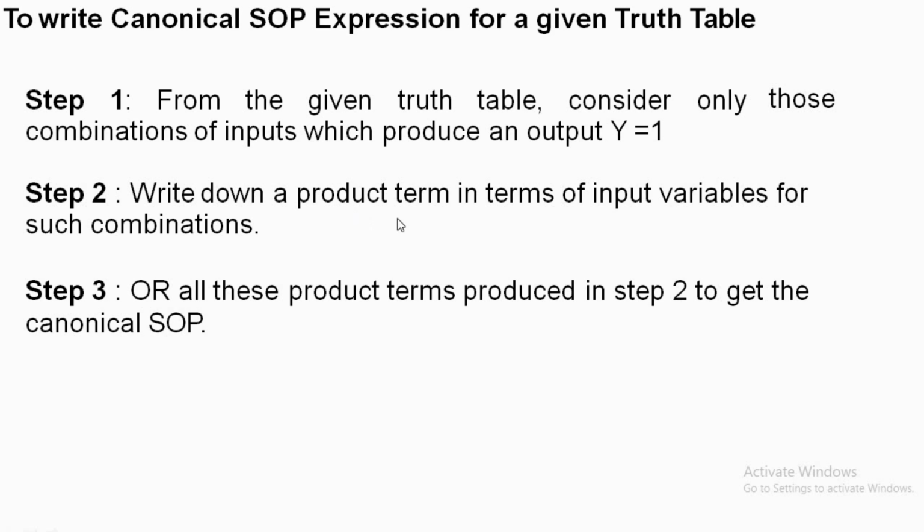Second step: write down a product term in terms of input variables for such combinations. Third step: OR all these product terms produced in step 2 to get the canonical SOP form. All these product terms we have to add together, and then we finally get the canonical SOP form.